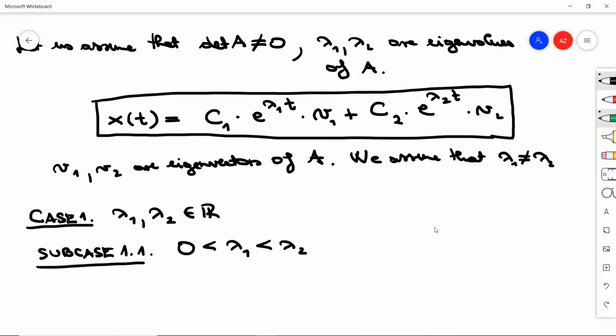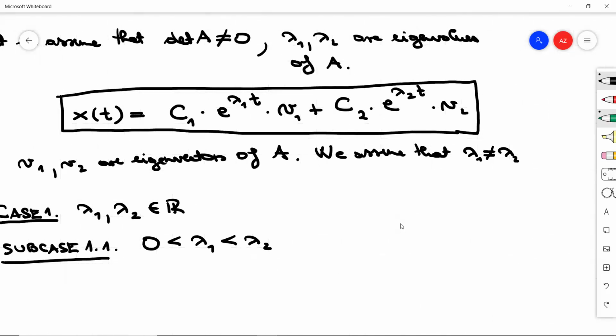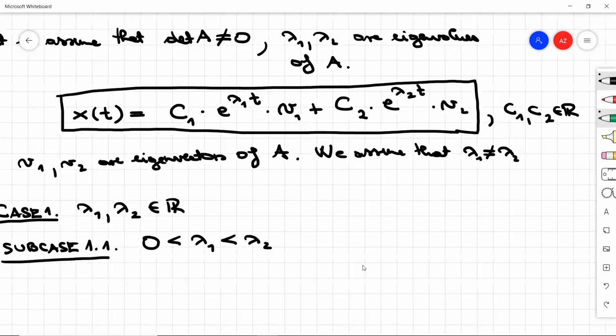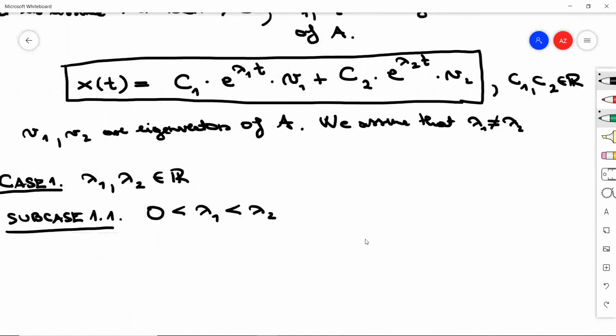So this is a general solution, a family of solutions, which means that C1 and C2 are parameters. We have to vary C1 and C2. It's easy to extract two solutions out of this equation: the ones where C1 or C2 is equal to 0.